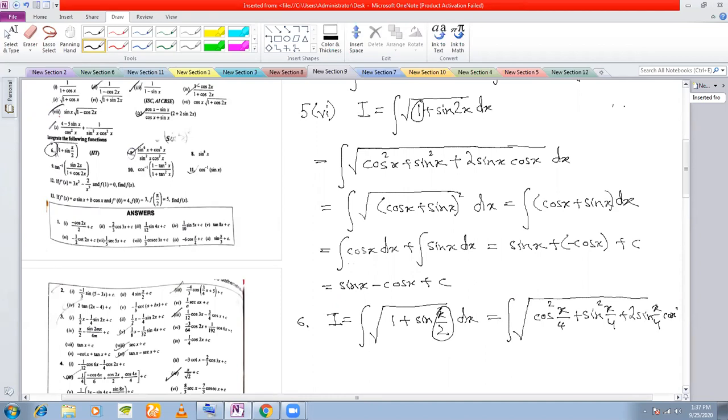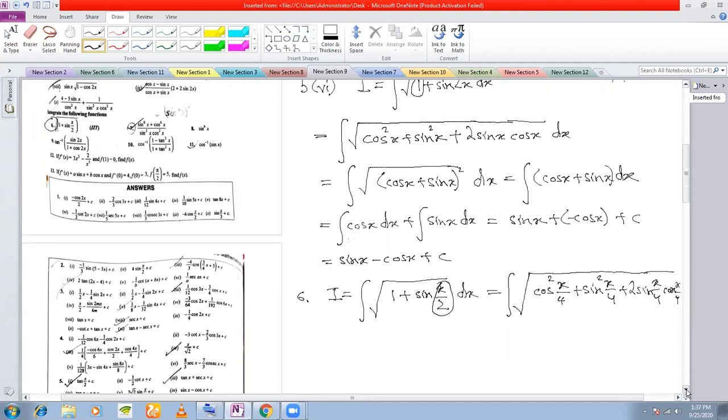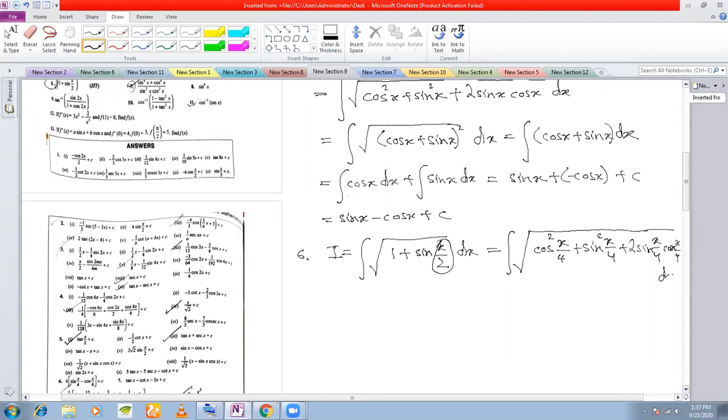So this you will get as integration cos x by 4 plus sine x by 4 dx.